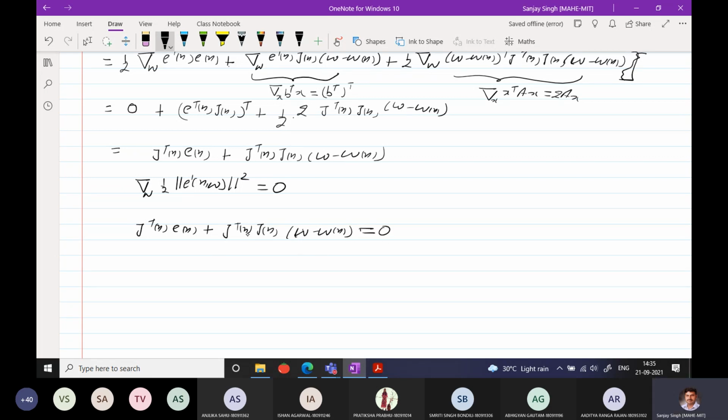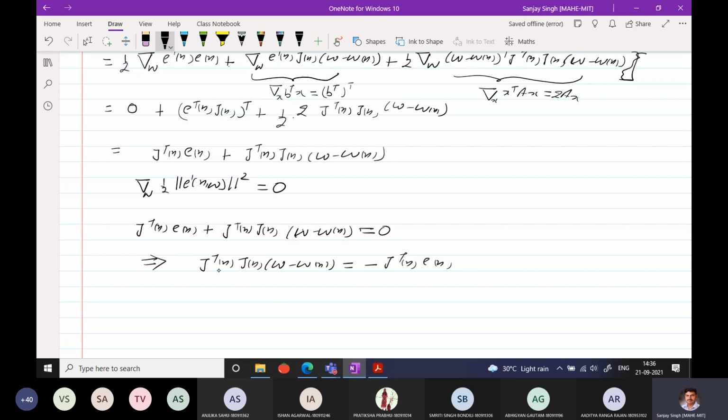When I do this, I'll retain this, because I need something in terms of W, and I'll move everything else to that side. So I can write J_n^T J_n (W minus W_n) equal to minus J_n^T E_n.